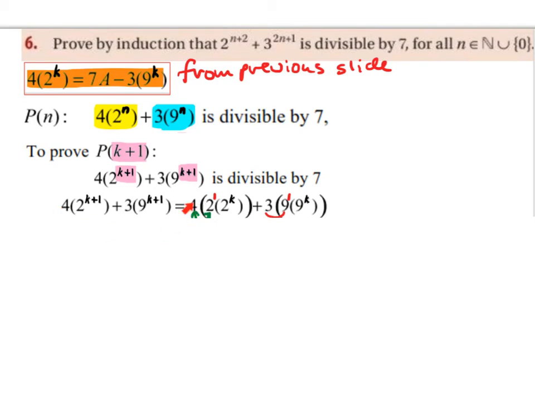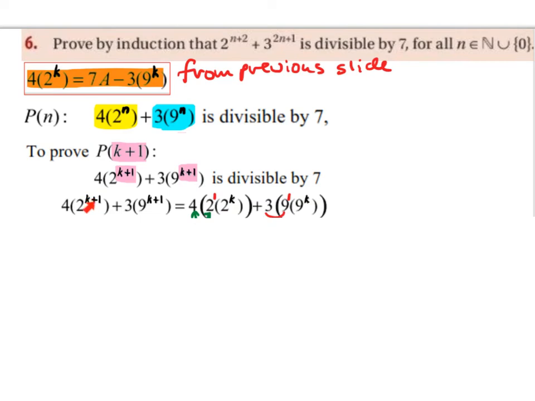So the 4 just stays where it is outside the brackets. 2 to the power of k plus 1 we rewrite as 2 to the power 1 multiplied by 2 to the power of k. So that's our first law of indices in reverse. So multiplying powers with the same base, we add the powers. So 2 to the power 1 multiplied by 2 to the power of k is 2 to the power of k plus 1.